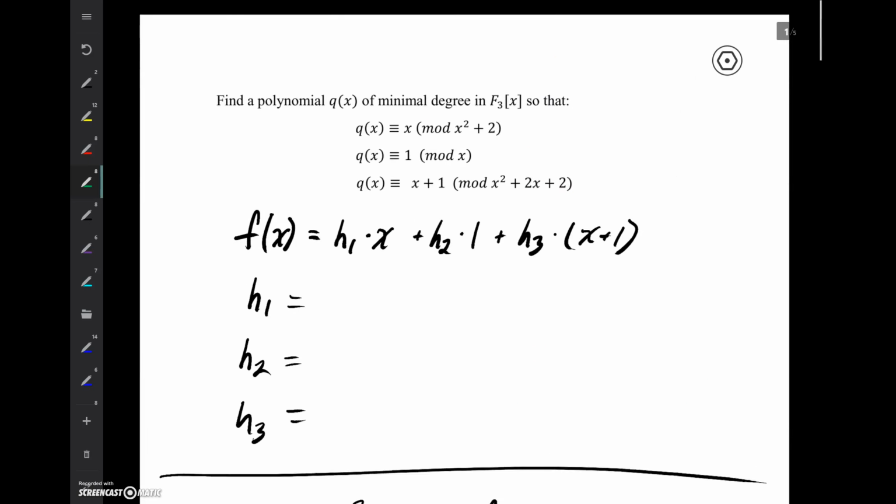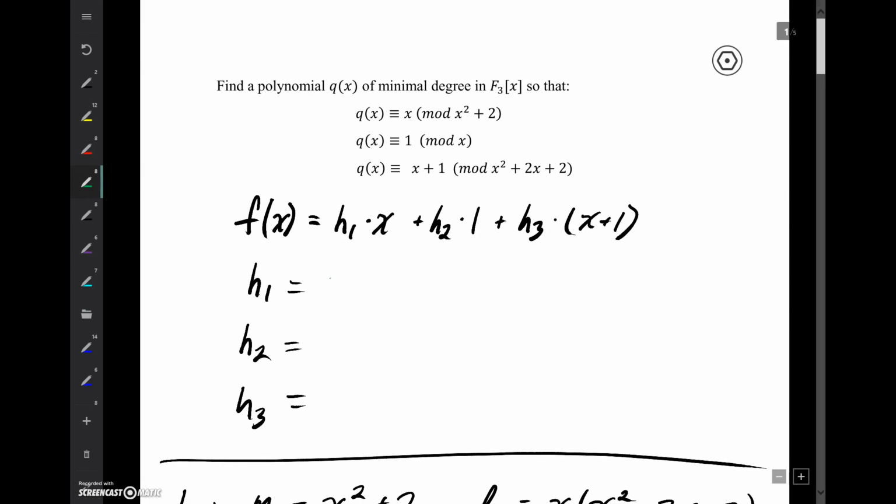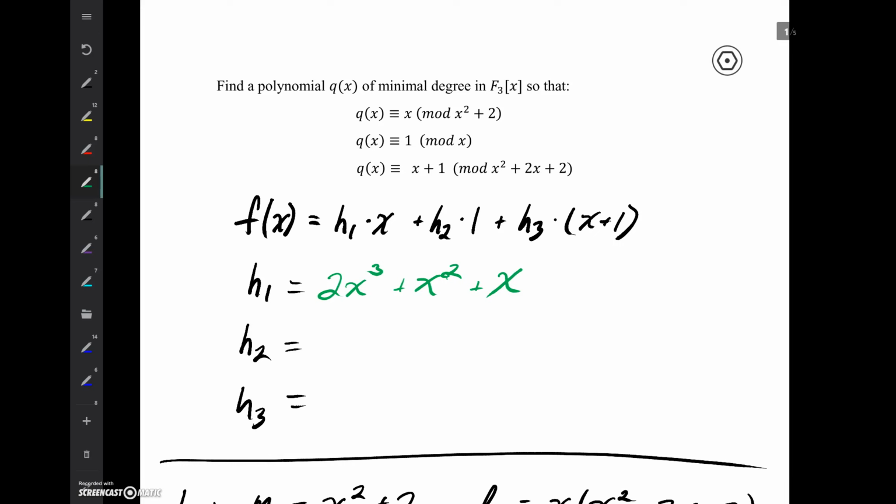So I'm going to plug that in up here: 2x cubed plus x squared plus x. So we found H1. Now we have to find H2 and H3, and it's the same process.